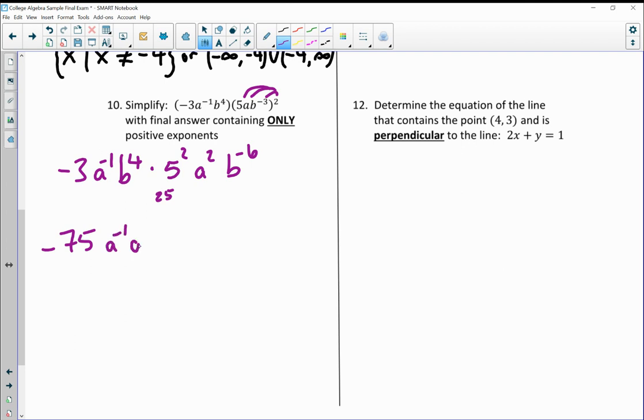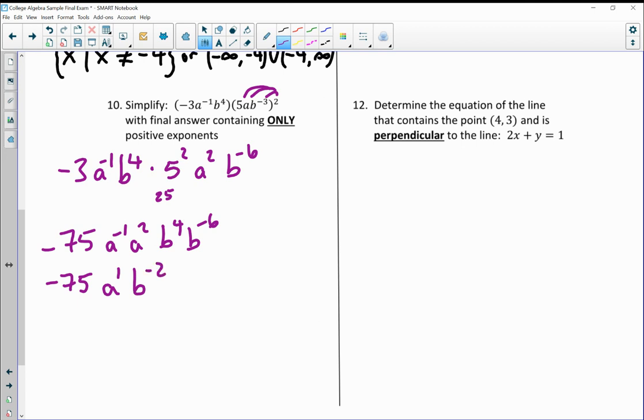In fact, I'm just going to rewrite them right next to one another, so it makes it easier for us to combine. And then the b's the same way. Okay, so when we multiply, remember to add exponents. So this will be negative 1 plus 2 is a positive 1. And then for the b's, 4 plus negative 6, that's negative 2.